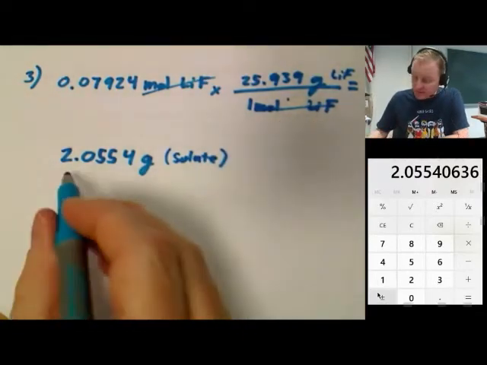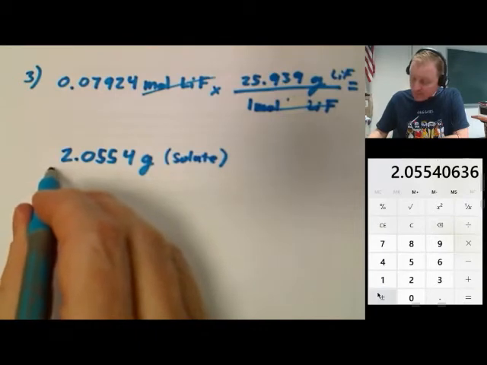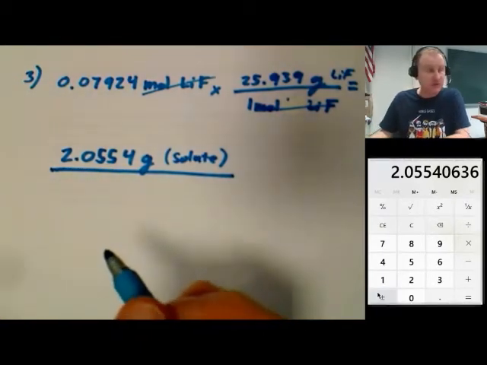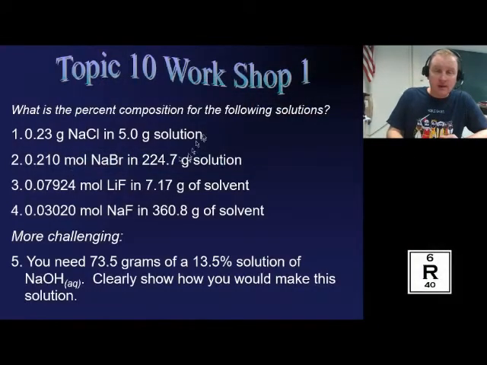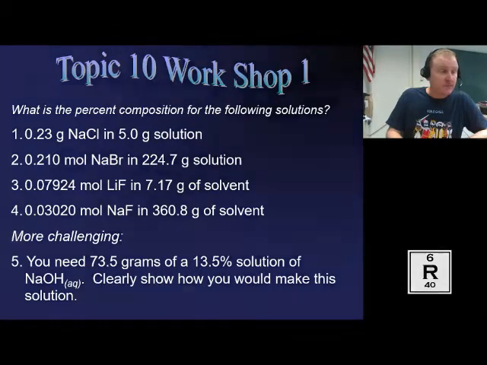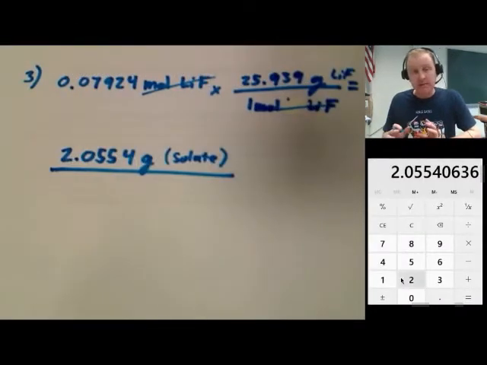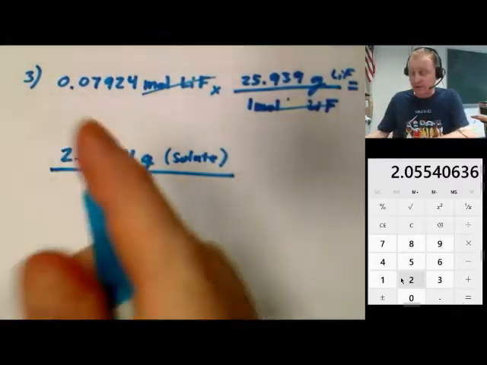So that's our solute. Now we're going to divide that by the solution, but take a look. This question can trick you, because not like in 1 and 2 where I told you what the solutions were, in number 3 I told you the mass of the solvent. So there's a little extra work here, because the solution is the mass of both the solute and the solvent together.